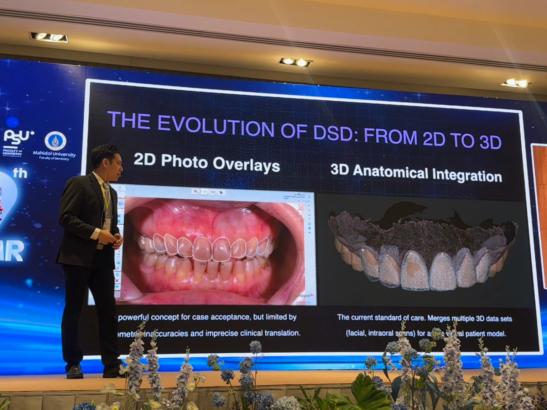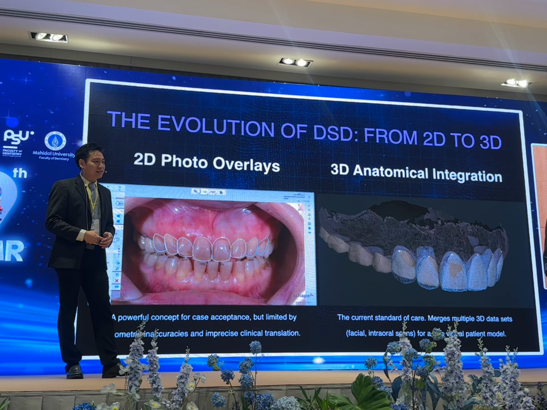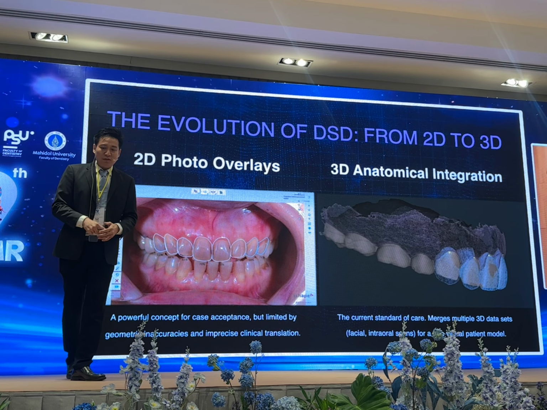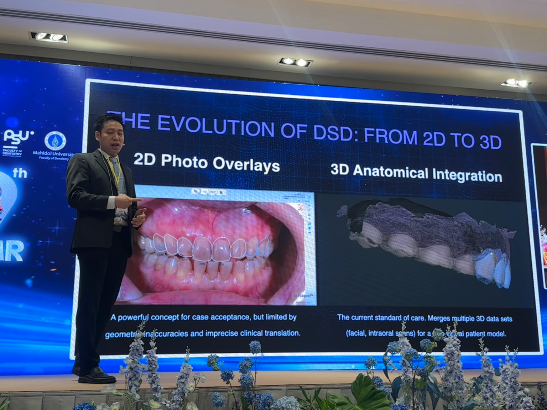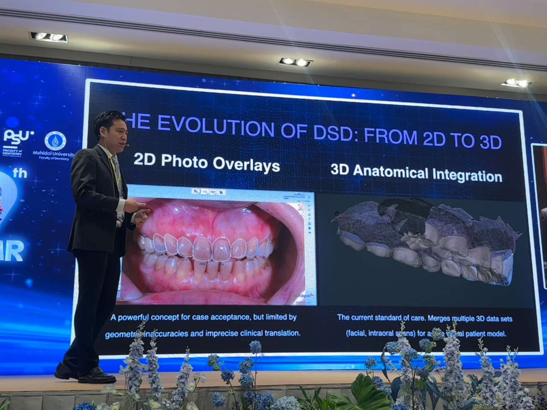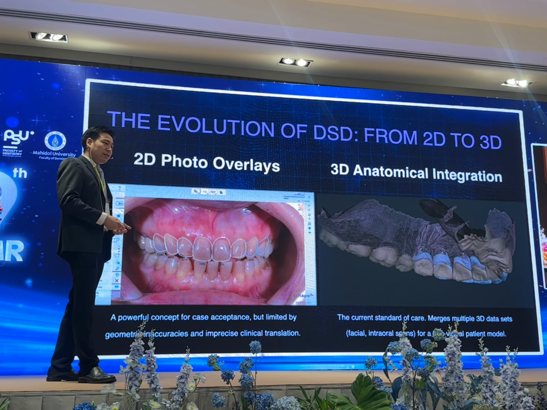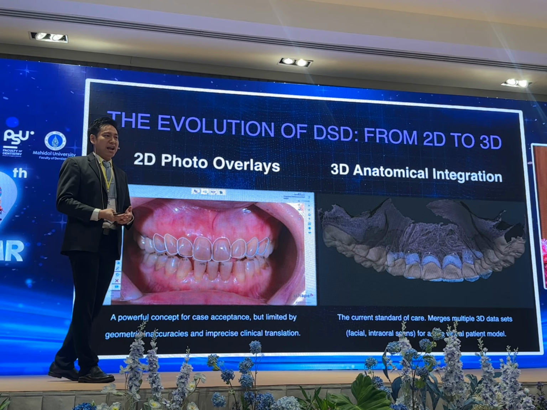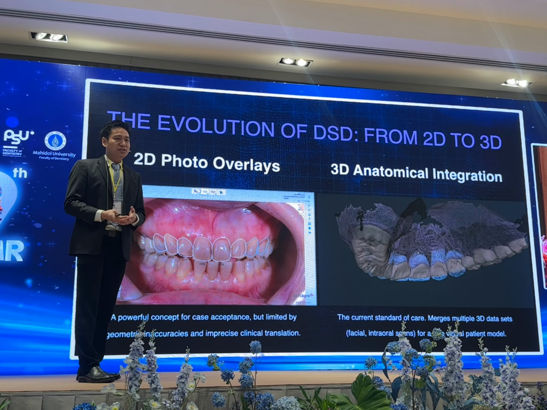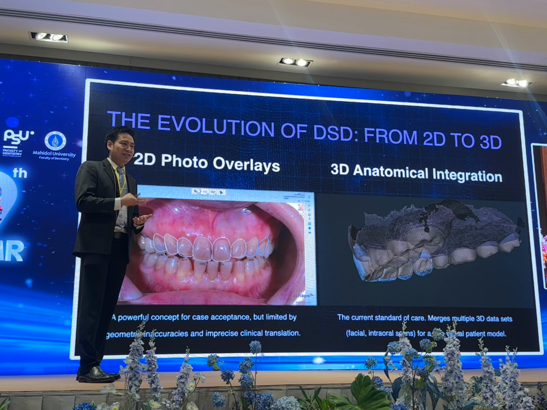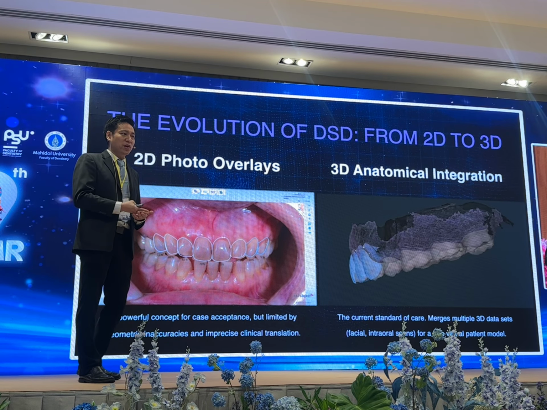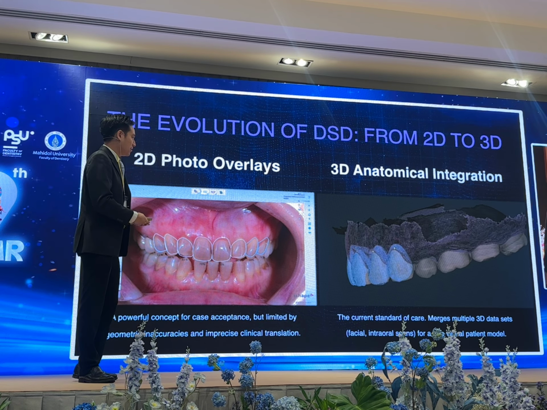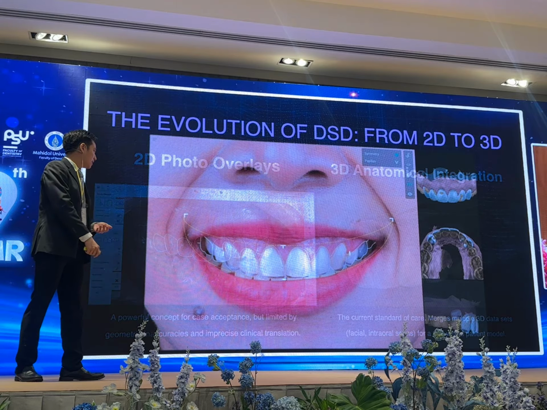Then the new evolution is this new version. We evolved from the 2D photo overlay into 3D anatomical integration. With new technology and with the help of AI, we can merge the 2D picture, the 2D design, into the 3D model of the intraoral scanner.